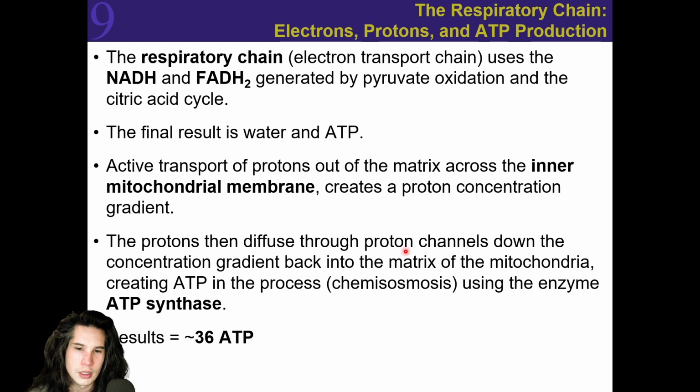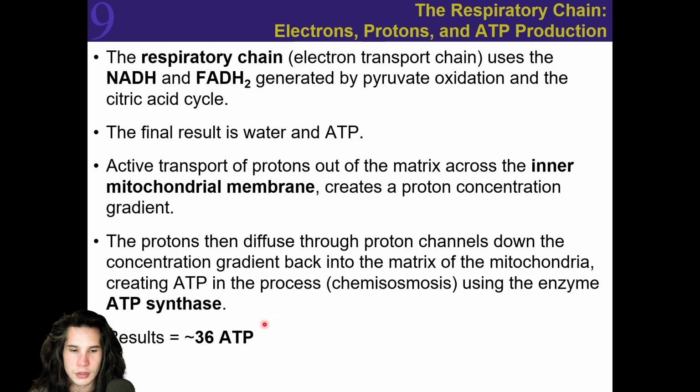The protons then diffuse through the proton channels down the concentration gradient back into the matrix of the mitochondria. The enzyme that's going to conduct that process is ATP synthase. So ATP synthase is an enzyme that synthesizes ATP. And it lets those hydrogens back into the matrix through a process called chemiosmosis to drive forward the production of ATP.